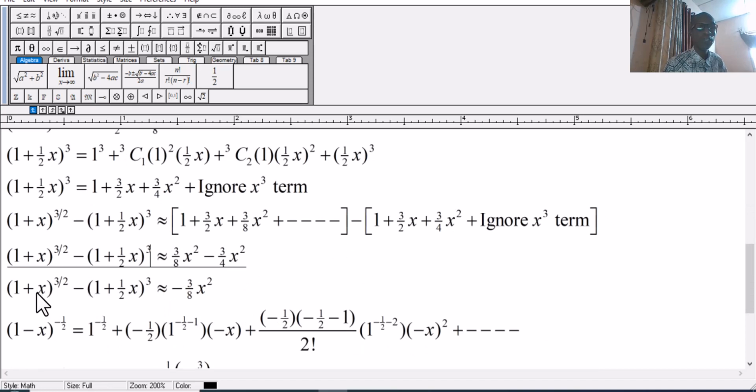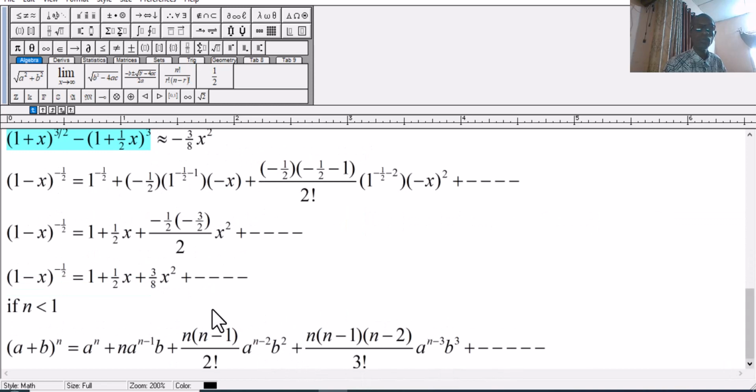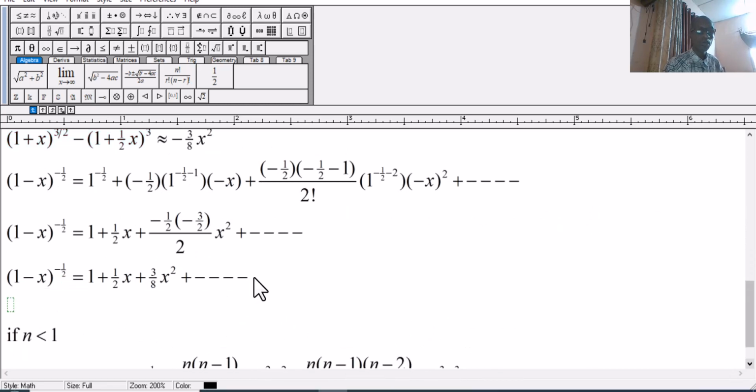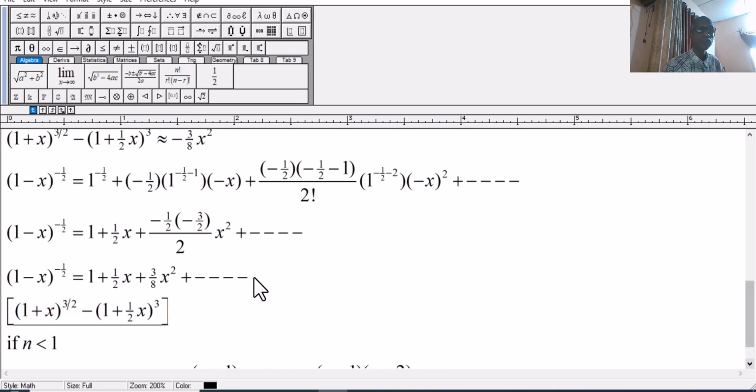So from this expansion, this is part of our expansion. So 1 minus x raised to the power of 1 over 2 equals, it's going to be an approximation.